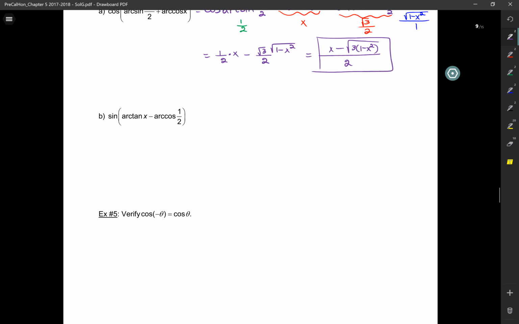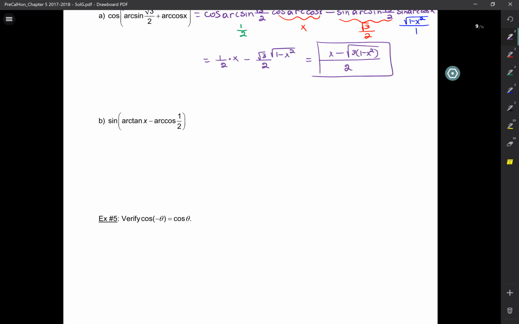Okay, here's one more. Sine alpha minus beta. So now it's sine, cosine, cosine, sine. All right, so let's do this one. This is sine arctan x cosine arc cosine a half minus or plus?